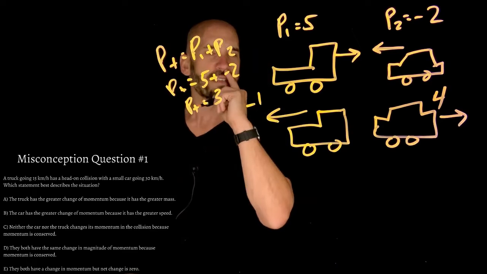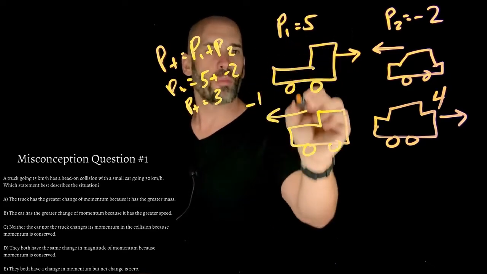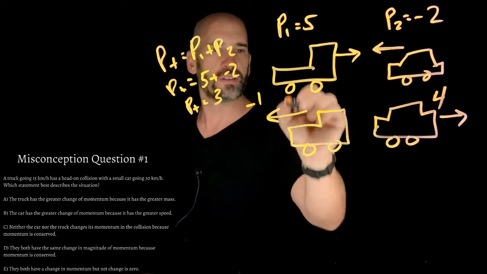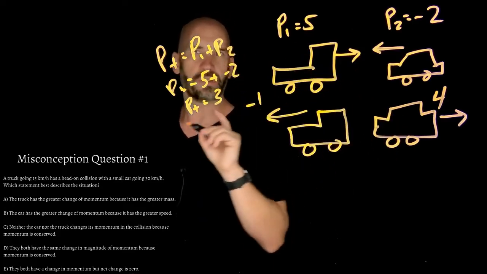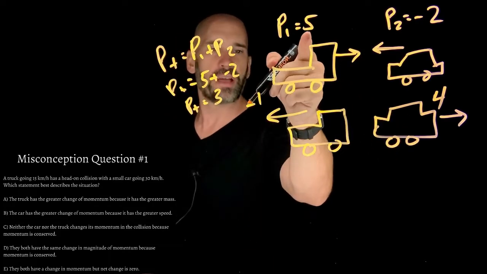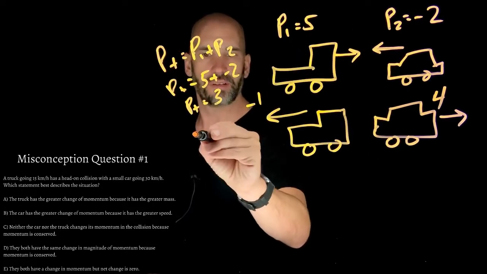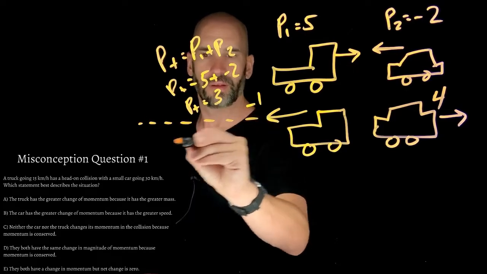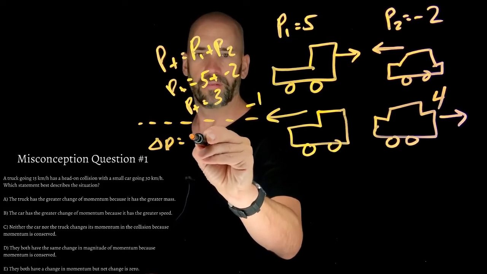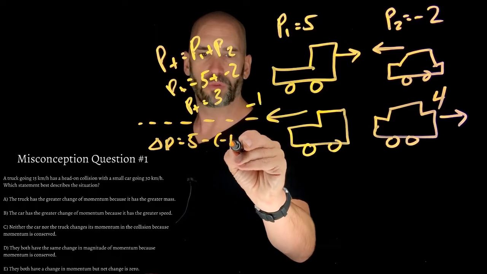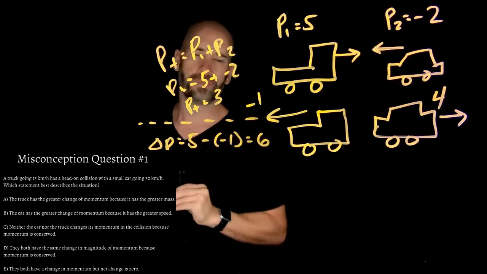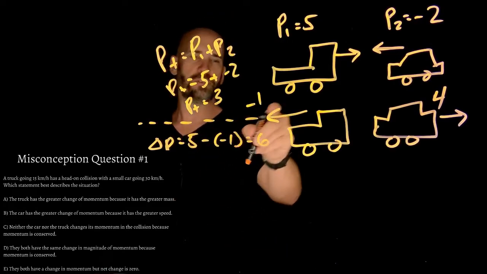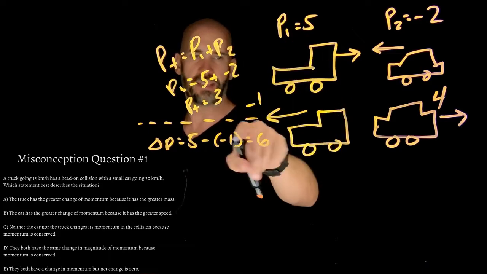So let's see, what was the change in momentum of each of these two vehicles? Well, here we have change in momentum is 5 minus a -1, which is 6. So the magnitude of the change in the truck's momentum is 6.